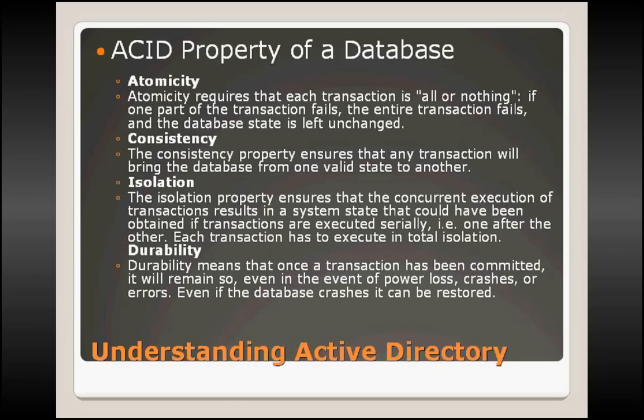Atomicity means the state is unchanged. An external influence cannot change it. First of all, it cannot be changed because of any faulty transactions. Until the entire transaction completes, the database state will never be changed.